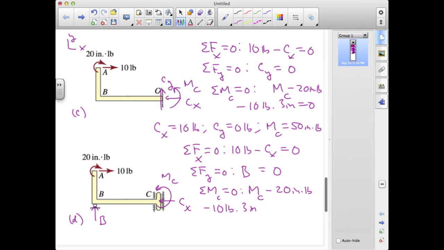And for completeness, even though B is 0, if I were representing that contribution, that would be minus B times 6 inches equals 0. So even though this is a different kind of supported problem, we get a result here that's very similar to what we got in part C. We have CX is equal to 10 pounds. We don't have a CY, but now B is equal to 0 pounds, and MC, the moment reaction at C, is still 50 inch-pounds.